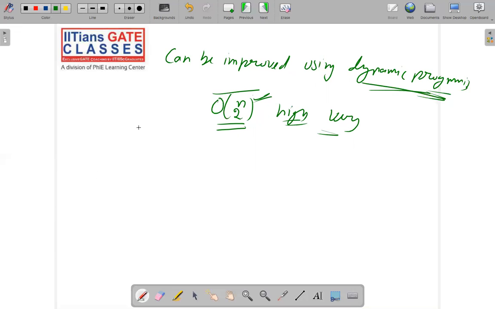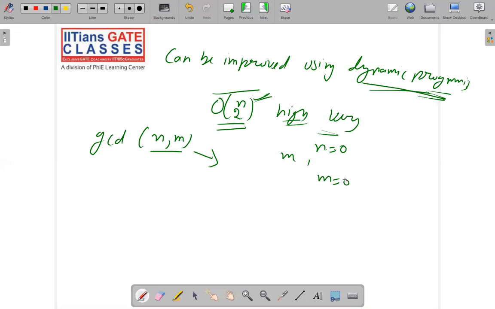Okay. Similarly, we can have more recursive functions like GCD. So if we have two numbers like n and m, the GCD can be calculated using one recursive relation, very simple. If n is equal to 0, the answer is m.